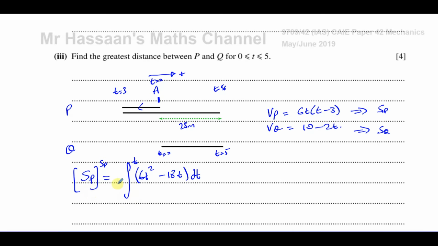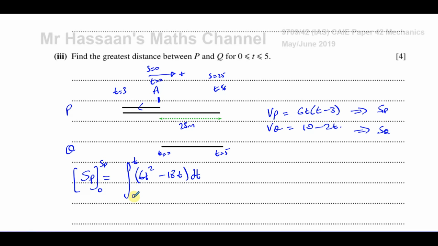I can use any of these values. I know that when t equals 0, s equals 0, and when t equals 5, s equals 25. I could use those points, that's fine, and that will give me the answer.